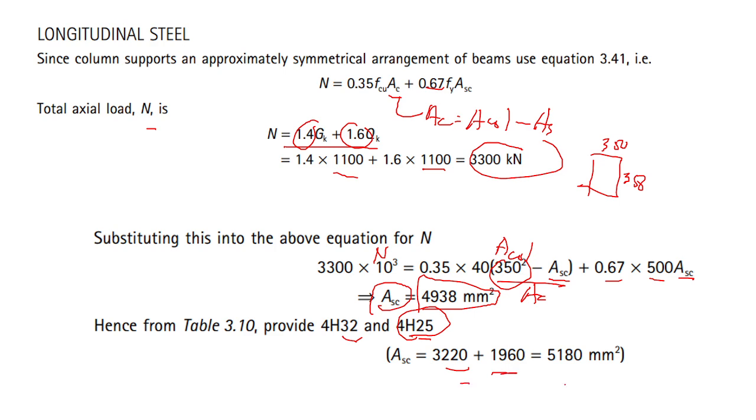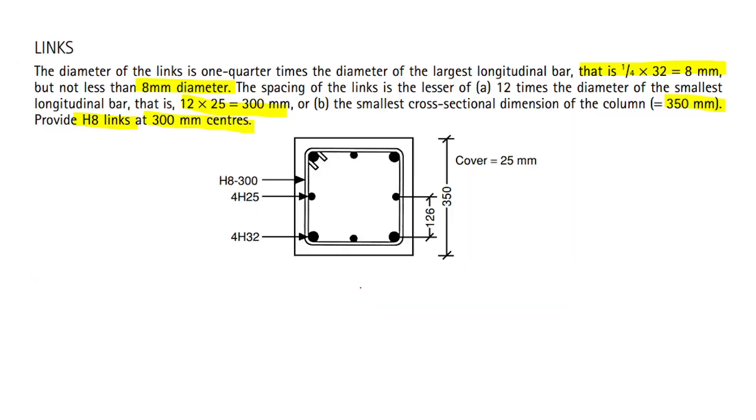So adding these two will give you 5180, which will satisfy the requirement of 4938. So this one satisfies the requirement. You have 4 pieces of 32, this big one, and then this one at the middle is 4 pieces of 25. Now, what's the size of the link or stirrups?